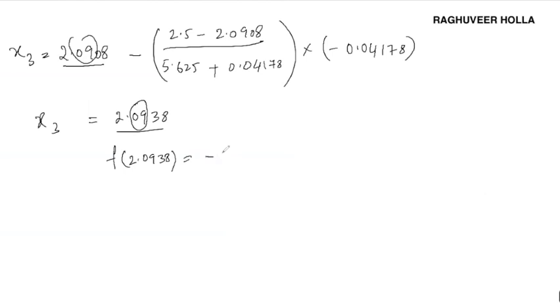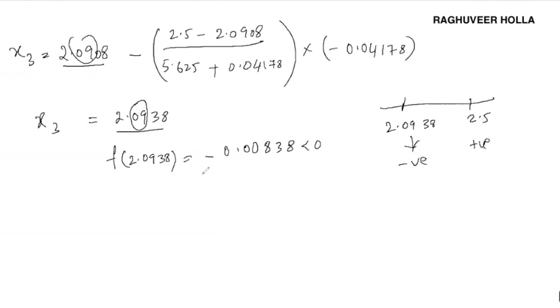Yeah. So this will be 0.00838, less than 0. So as you can see here, again this is negative for 2.0938, and this is negative, this is positive.